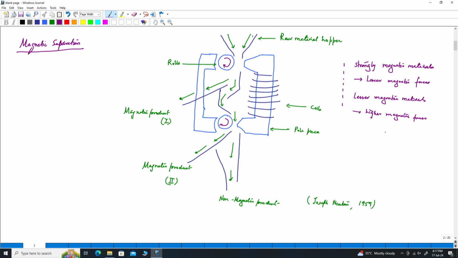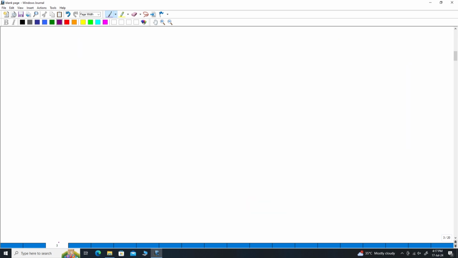So we will now continue on the separation and we will see another device that could be used. So we have the electrostatic separator, and we will draw a schematic of the electrostatic separator.